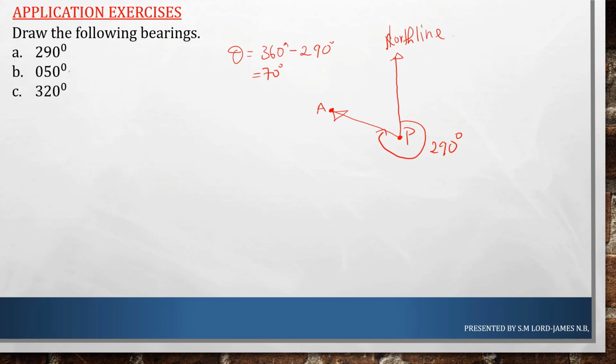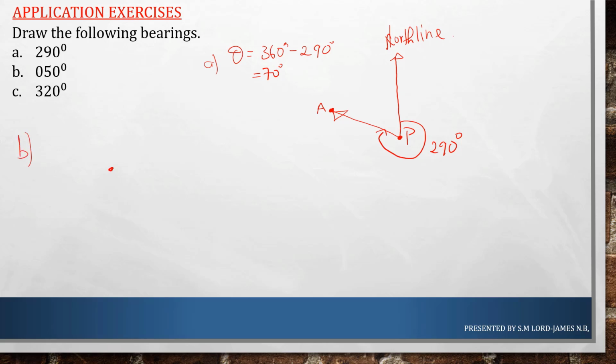The second case, that was 050 degrees, is a case that we saw in the previous video. There the angle is between 0 and 180 degrees, so the procedure remains the same.